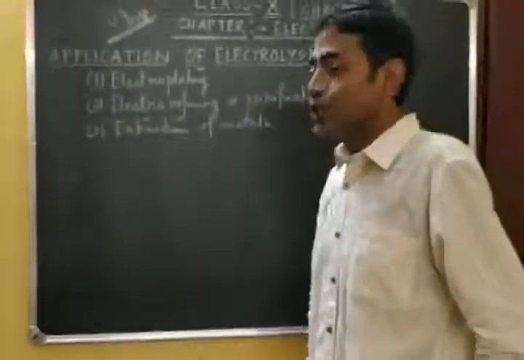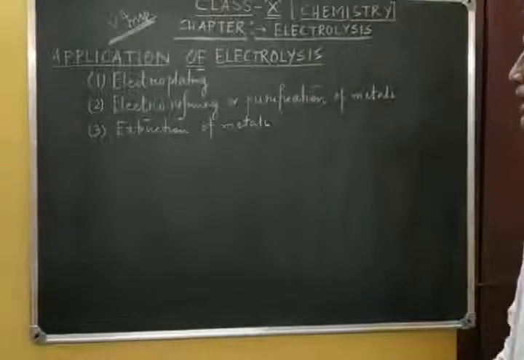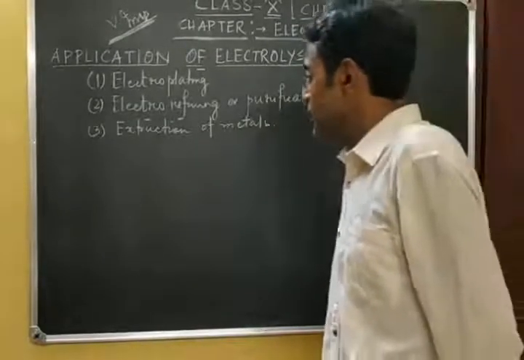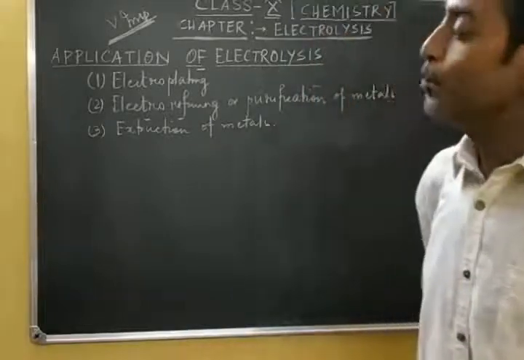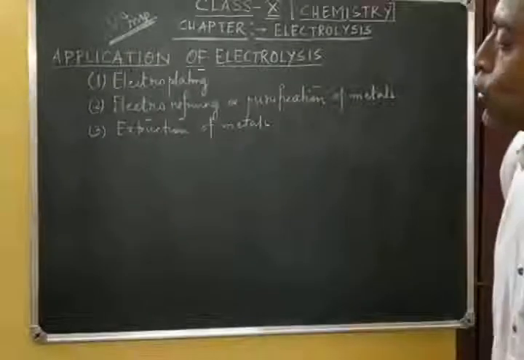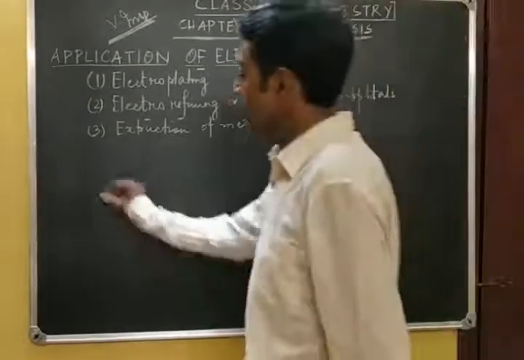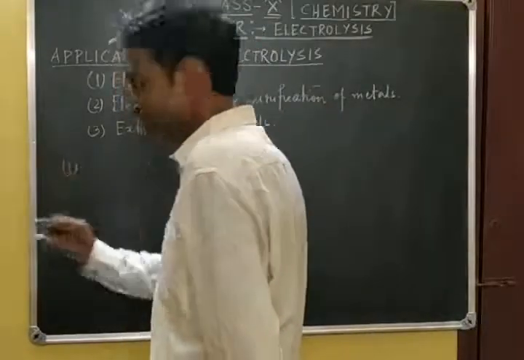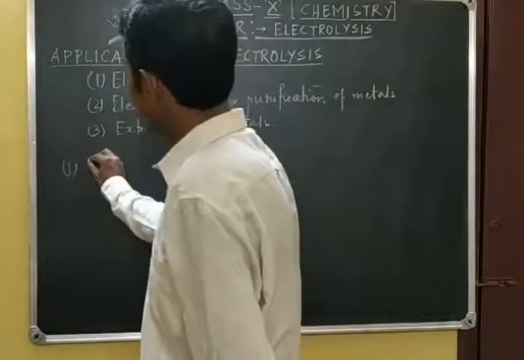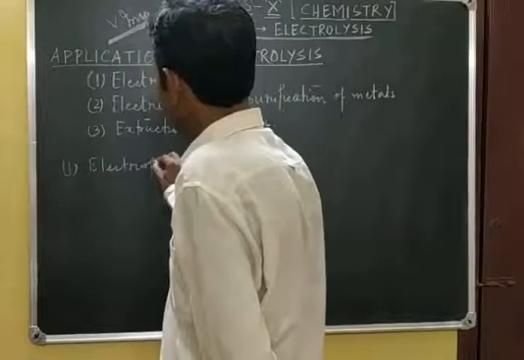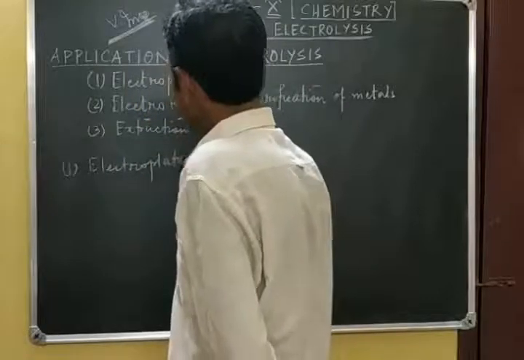Number 1 is electroplating. Number 2 is electro-refining or purification of metals. And number 3 is extraction of metals from their ores. So we will discuss it later very properly. Here I will be briefing you about electroplating. So what is electroplating?